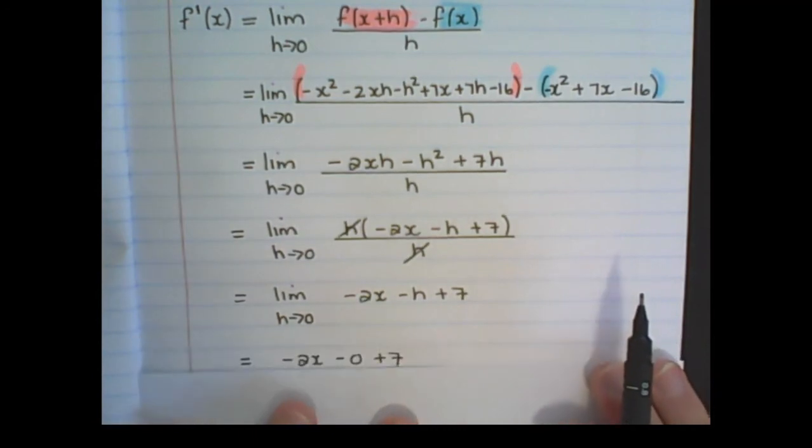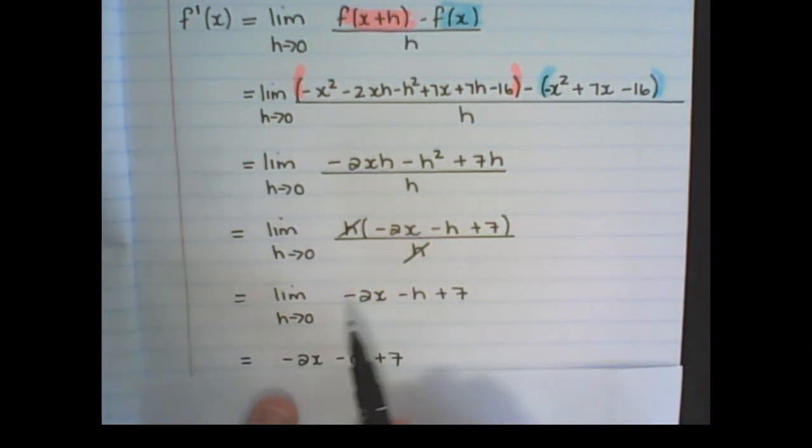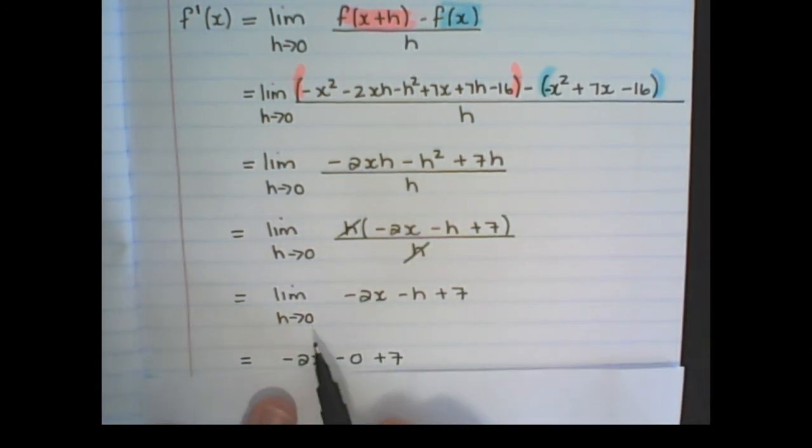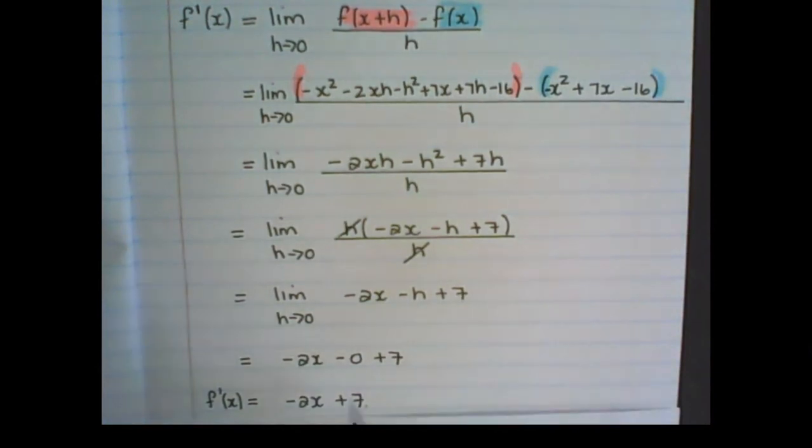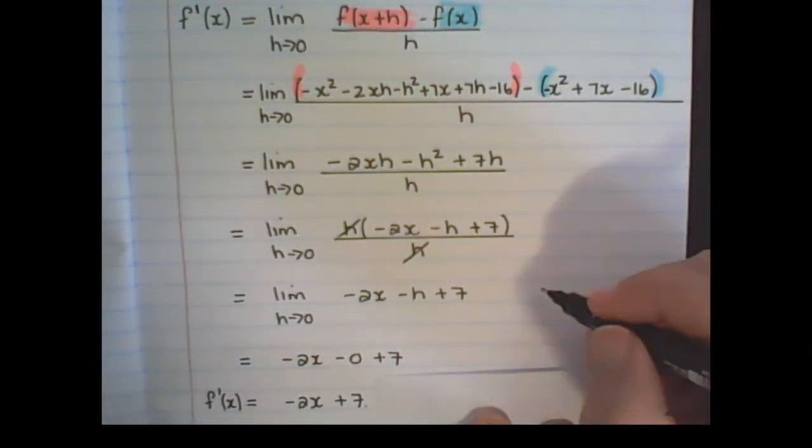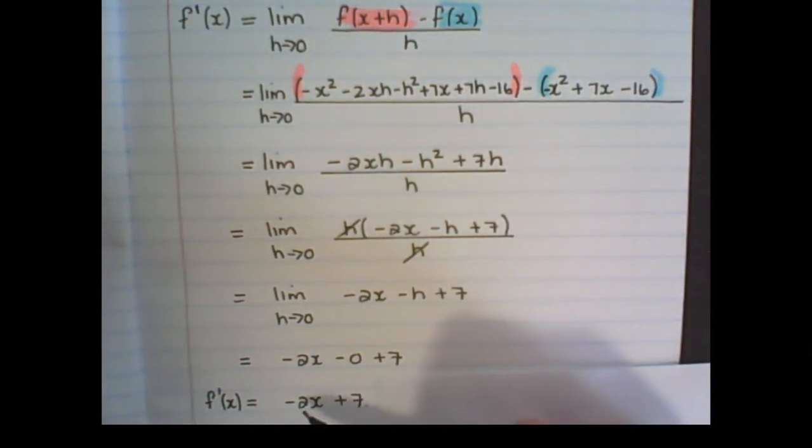Now it is valid to substitute the h with 0, and that will become 0. So it's negative 2x plus 7. And this is the first derivative of the quadratic equation. This negative 2x plus 7 represents the formula for the gradient of the tangent to the curve at any point of x.